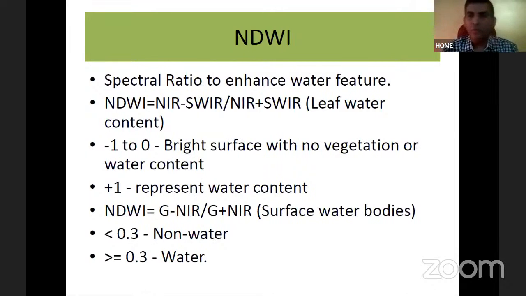Same concept, no problem at all. The highest information on leaf water content is obtained in NIR. Why? Because NIR again is very, very good for vegetation. Minus short wave infrared, SWIR. So maximum NIR minus short wave infrared.